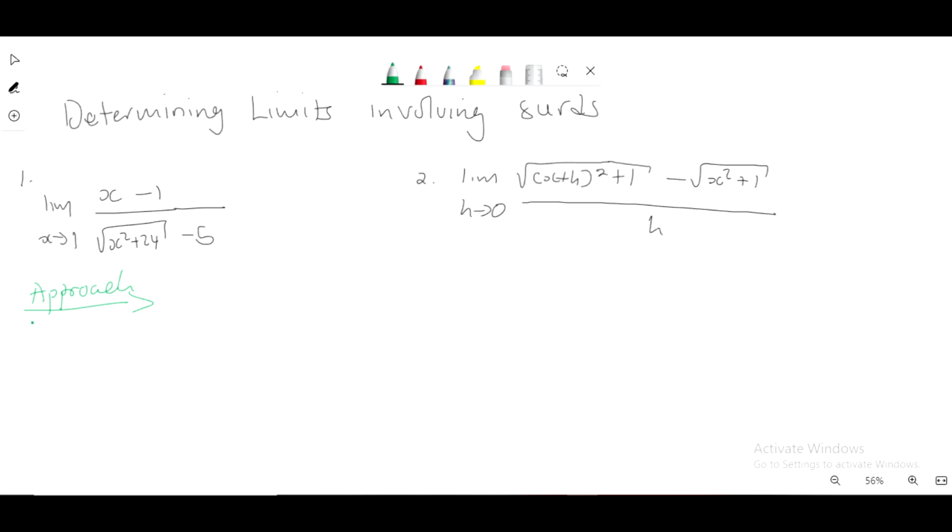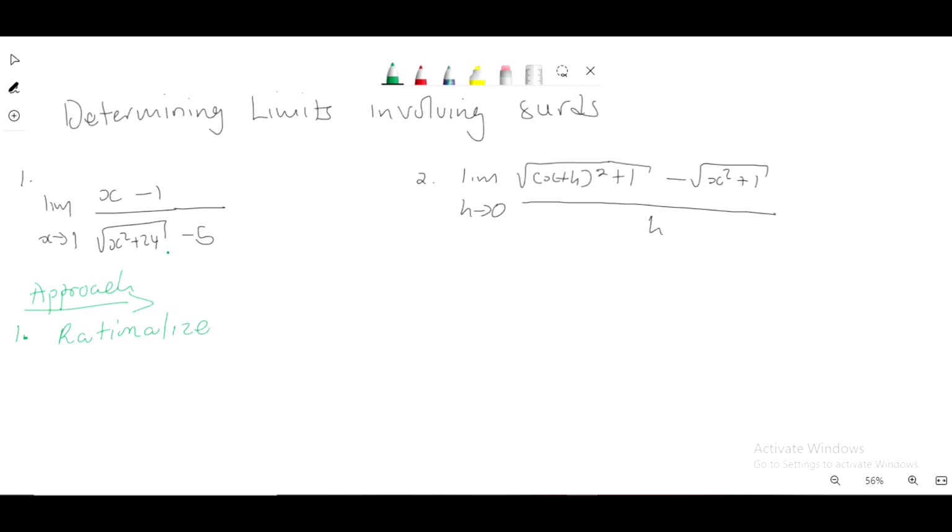Number one, we have to remove the surd. To remove the surd, we have to multiply it by a surd that is similar to it, the one that looks like it. So you check what you have. We can rationalize.